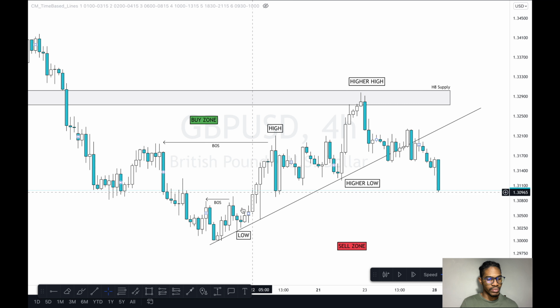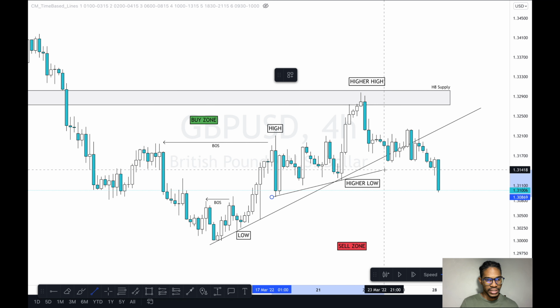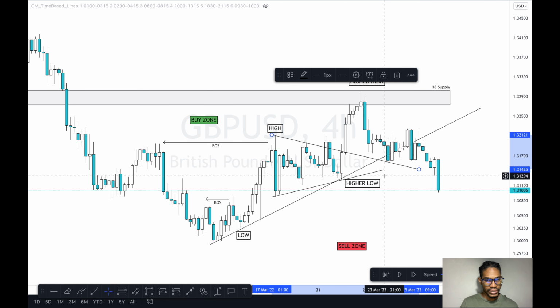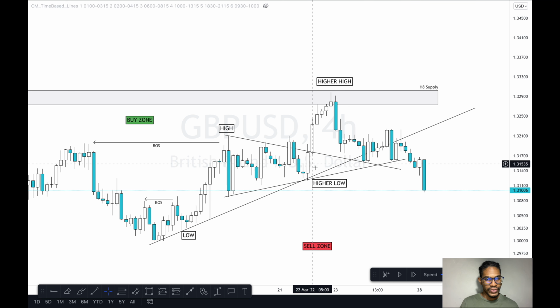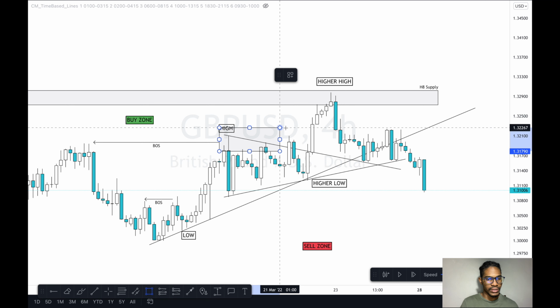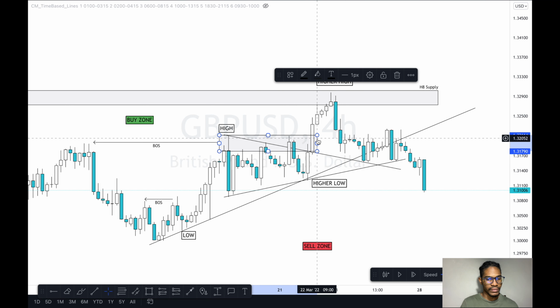This was a complex pullback. If you look closer, you can see that there was a channel right here. However, this was the low that gave us a higher high and broke us out of this supply zone here.